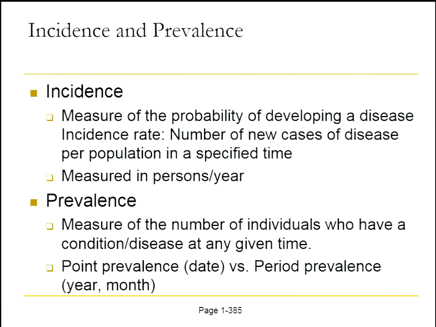Prevalence, on the other hand, is the number of individuals who have a condition or a disease at any given time. A couple of related points are point prevalence, the number of individuals who have a disease today, and period prevalence, the number who have the disease in a year or in a month. Incidence and prevalence are two somewhat related concepts that are often confused, and I would highly recommend that you look at them again.